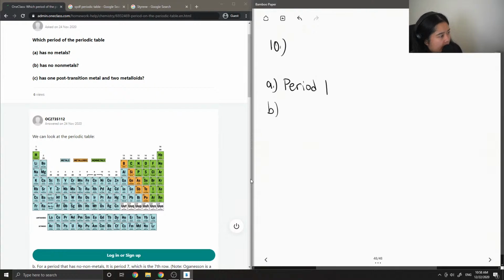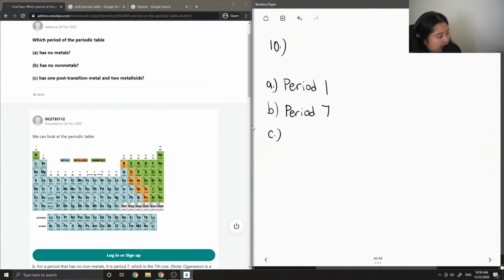For B, which period has no nonmetals? So pretty much only metals. So we can say our lanthanides and actinides, or we can even just say period number 7. It's all light blue, so it has no nonmetals. And for C, has 1 post-transition metal and 2 metalloids.